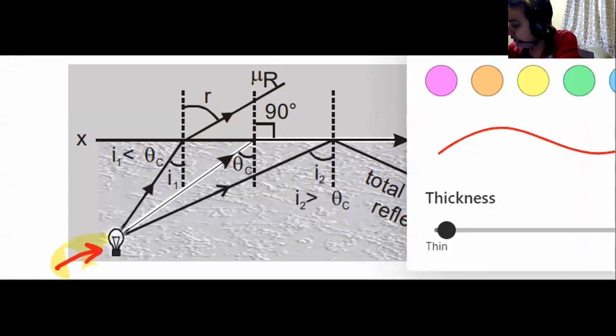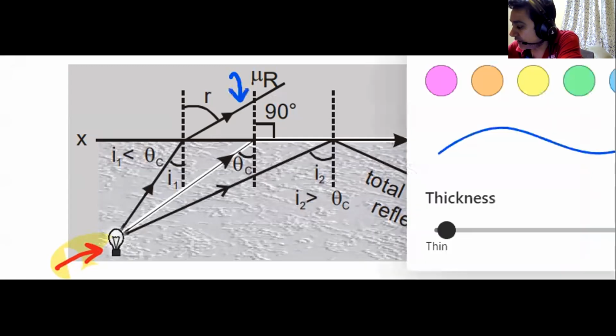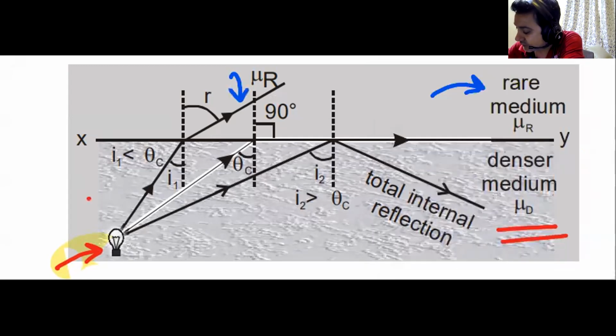So light is traveling from denser medium and the second medium is rarer medium. Yes or no? Yes, sir. Now you can see it is bending away from the normal, the blue ray, which is the refracted ray, and the red ray. The blue ray has refracted away from the normal. Yes or no? Yes, sir.